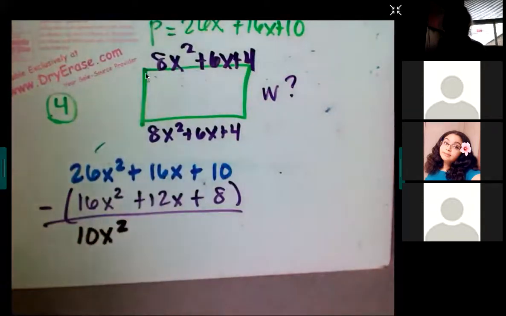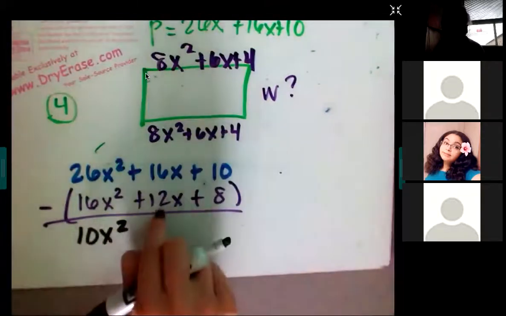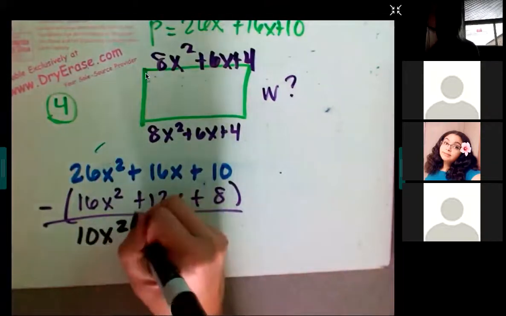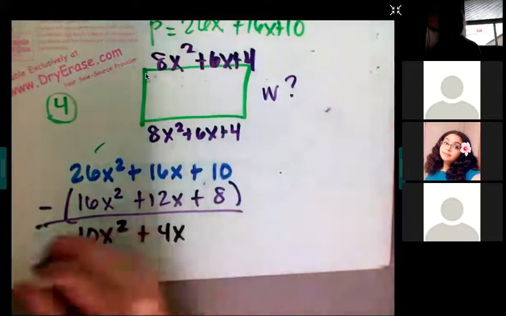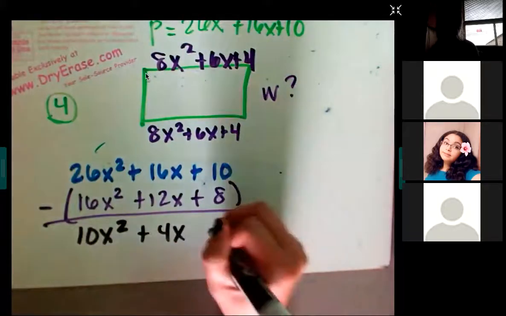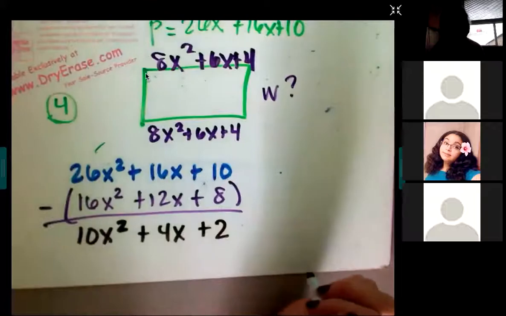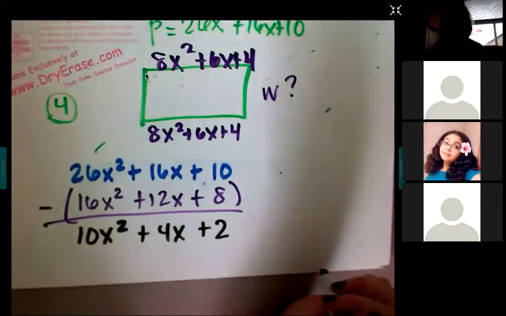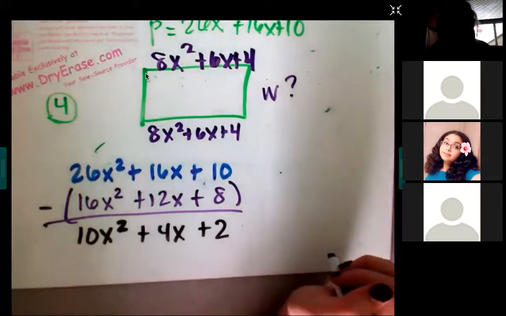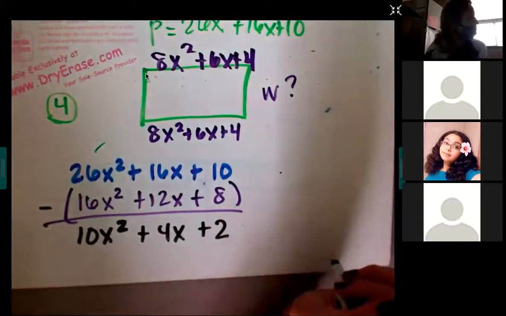What's 16 minus 12? 4x. What's 10 minus 8? And then what? Divided by 2. Yes, extra credit. Ashley, Cameron, and Brooke, did y'all hear them?